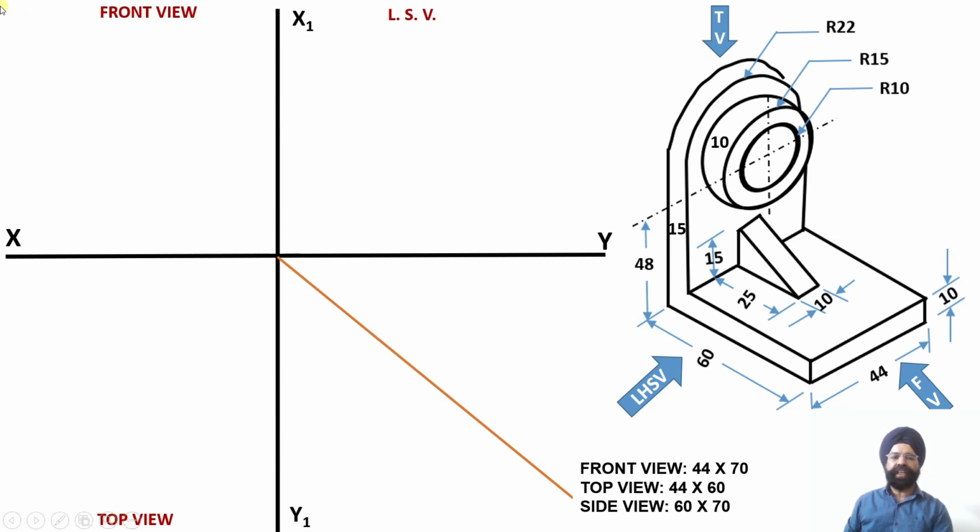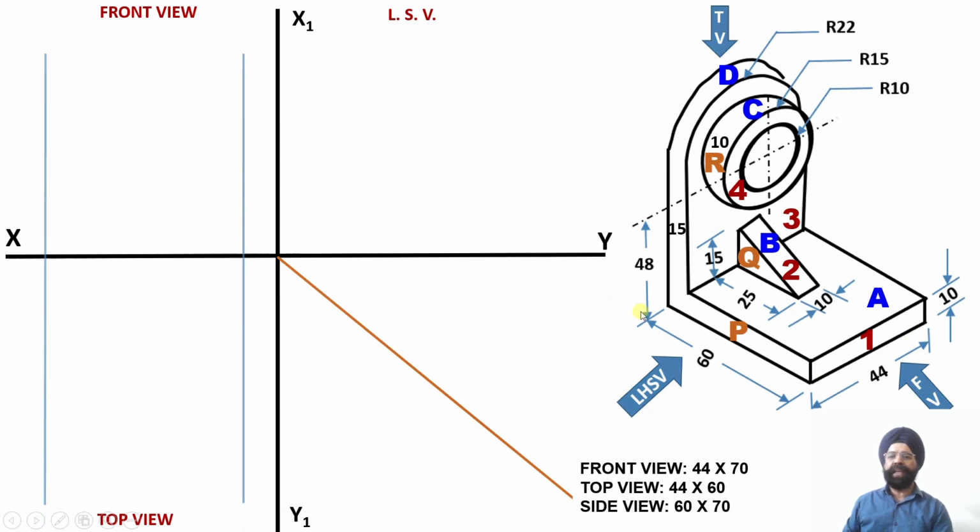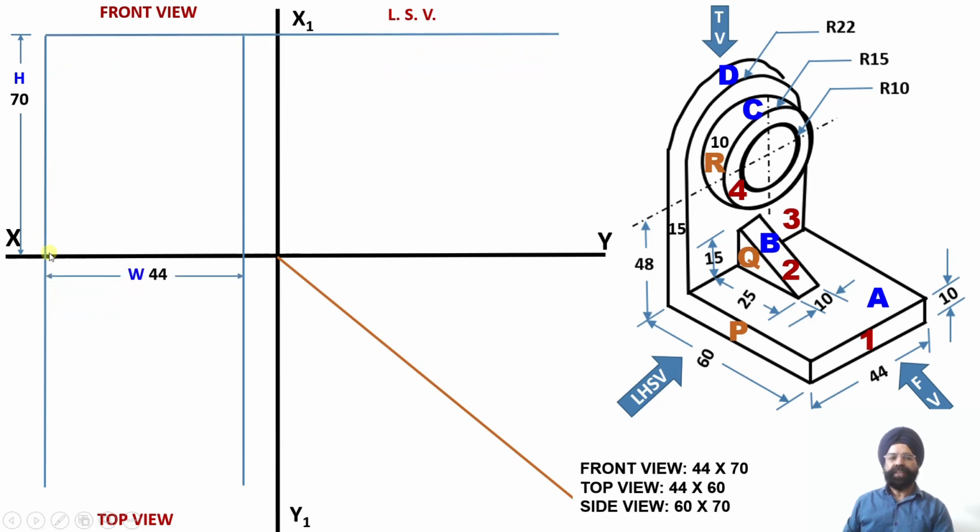Now let us draw the dimensions corresponding to the front face. We know that it has the dimensions 44 millimeter as the width and 70 millimeter as the height. Please check, we have marked 44 millimeter as the width of the front face and 70 millimeter as its height.